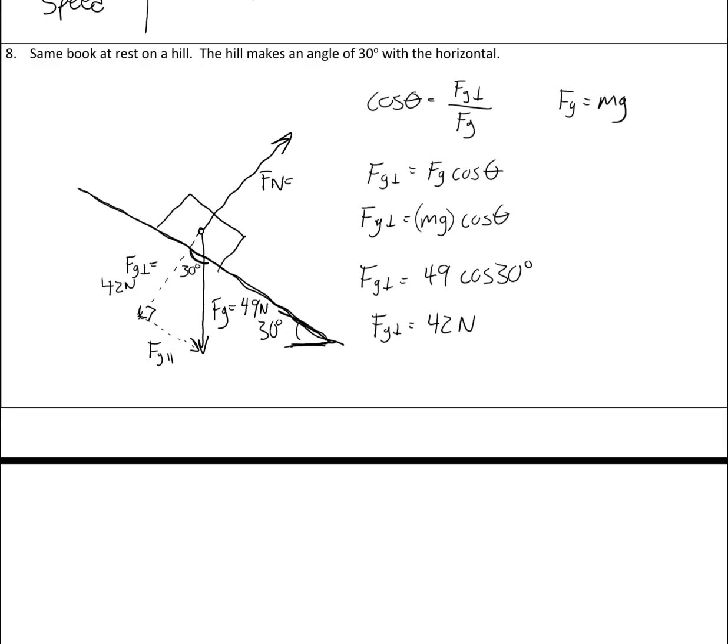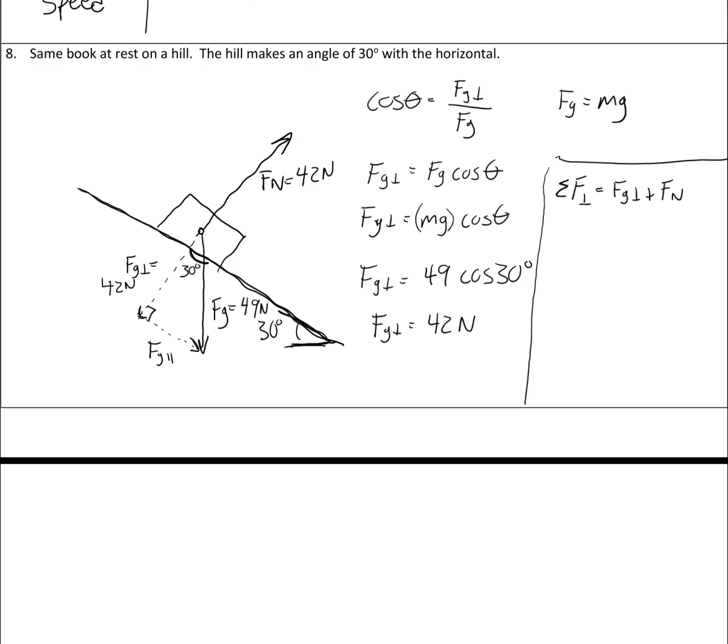And yes, believe it or not, we're done. FG perpendicular balances out the normal force. Can you see that on the diagram? So you already know this is 42 newtons. If you wanted to make your net force equation like we've been doing, you could say net force in the perpendicular direction is equal to FG perpendicular plus Fn.